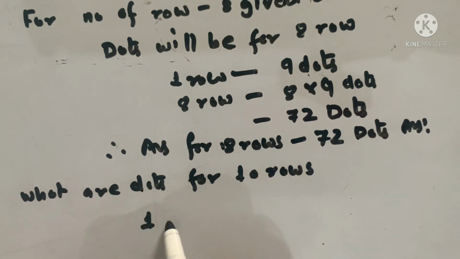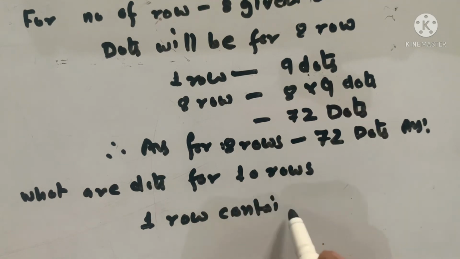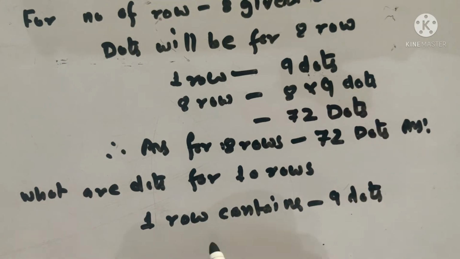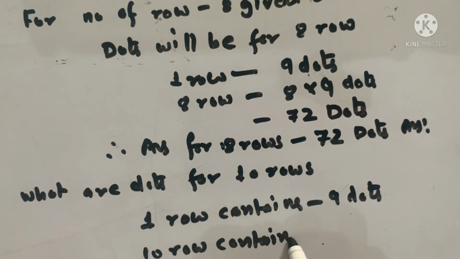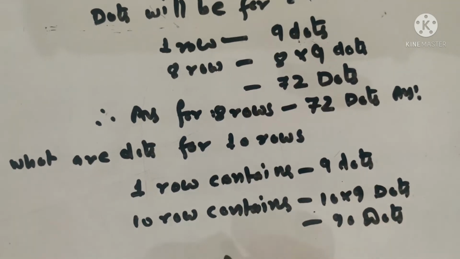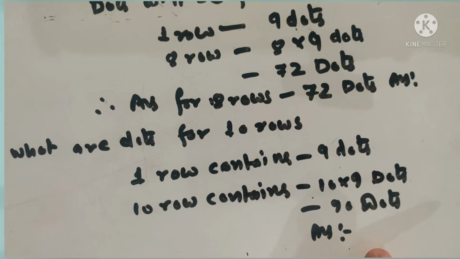Now one row contains 9 dots. Therefore 10 rows contain 10 into 9 dots, which means 90 dots. It is the answer. 10 rows will contain 90 dots.